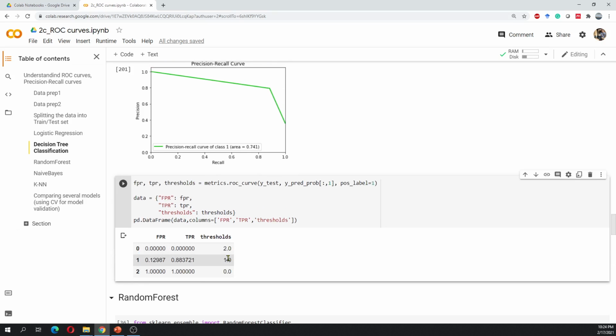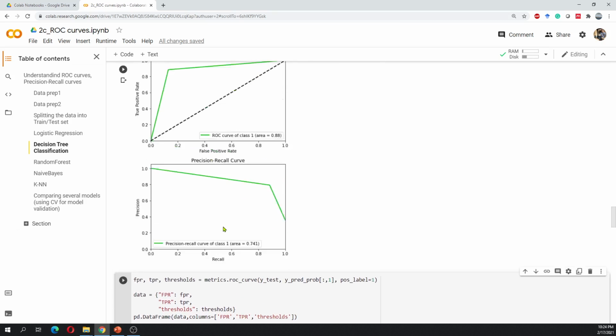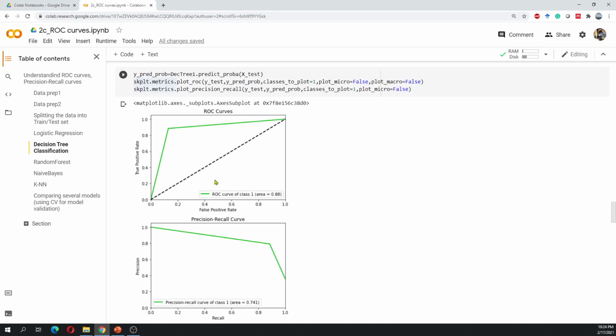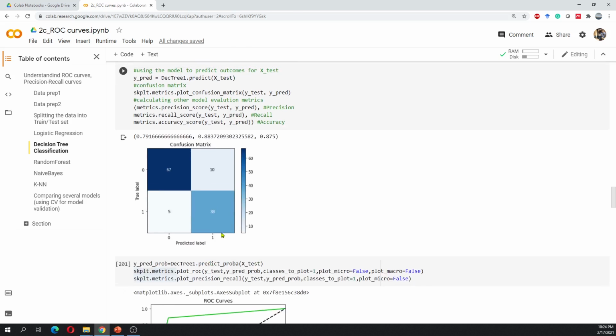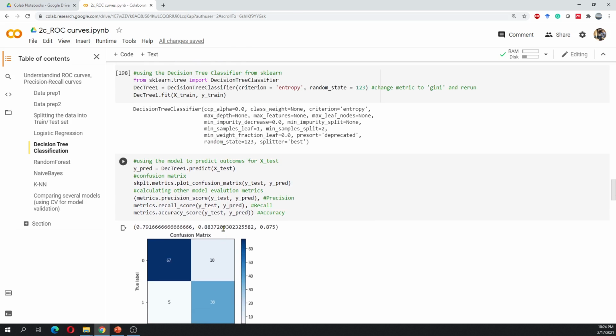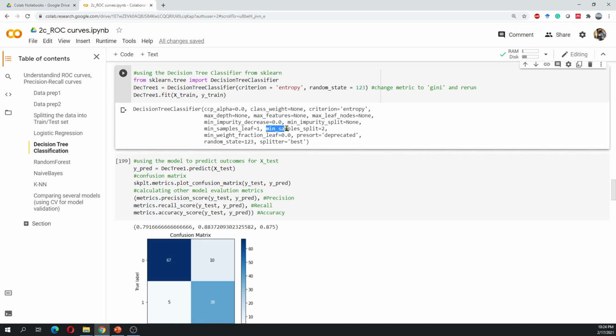So choosing thresholds when it wants to plot the ROC curve for a decision tree is going to be a little different. That's because, let me try something here, and it would help me better demonstrate.